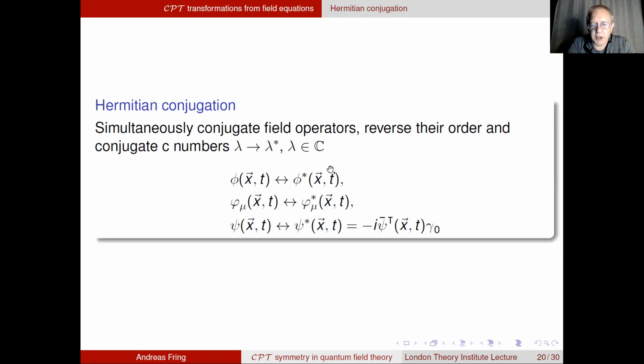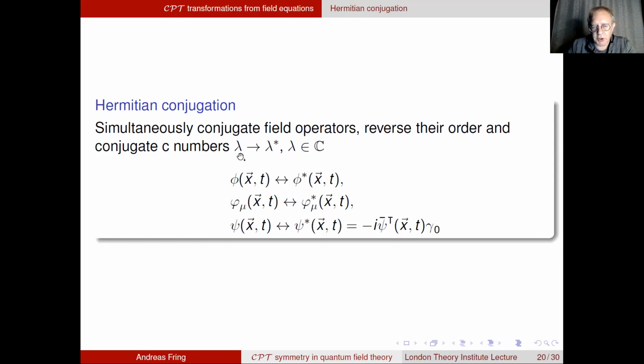And that's the Hermitian conjugation. So if we just conjugate now fields, so we simply replace spin 0 fields by its conjugate, spin 1 fields by their conjugate, and spinor fields by their conjugate. That's the operation. But of course, Hermitian conjugation changes the order of operators. Yeah, here it's just for the fields, but if we have a product of fields, then the order has to change.